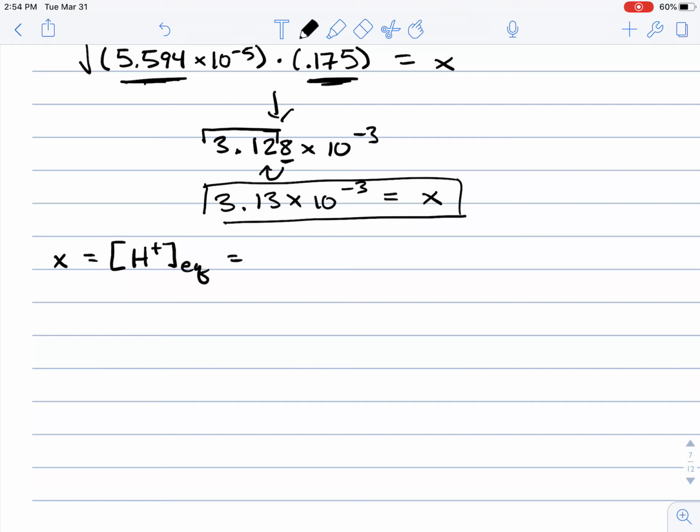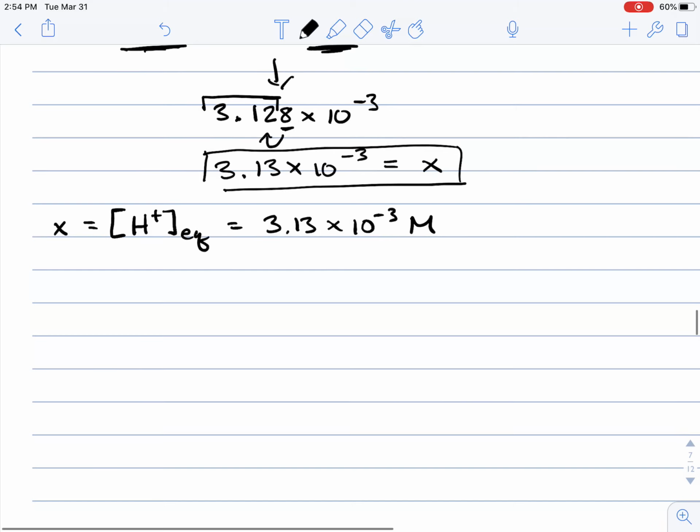And that value is going to be 3.13 times 10 to the negative 3. And so since we're talking about molarity now, or concentration, we need to go ahead and add the molarity unit. Awesome.